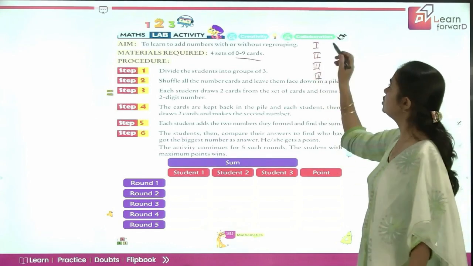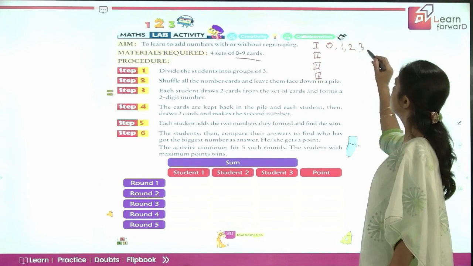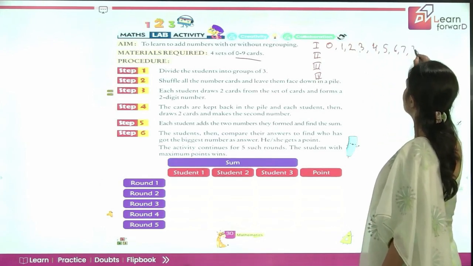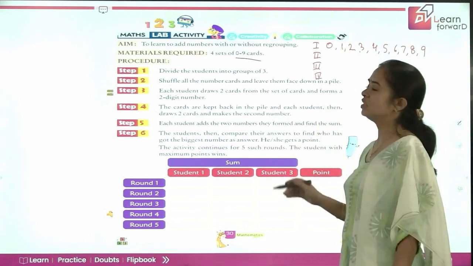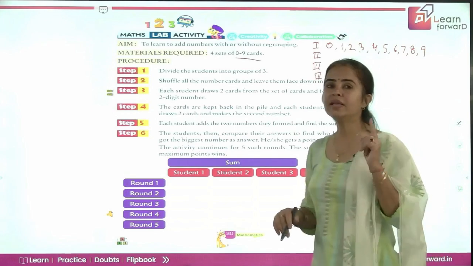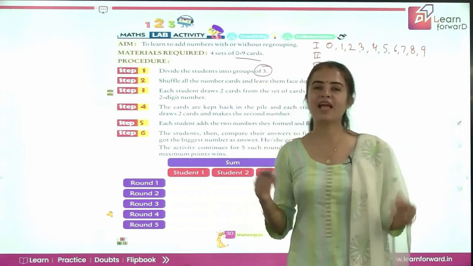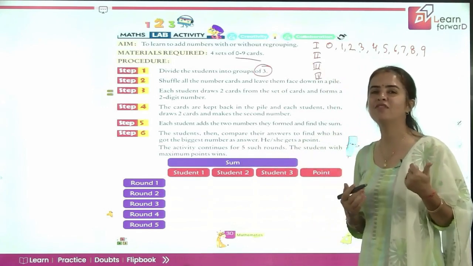In each set you have cards with numbers from 0 to 9. So 10 cards in each of these sets. And quickly you will get into groups of 3. Let's make groups as we have been doing. Sit in groups of 3 and let's have fun, children.